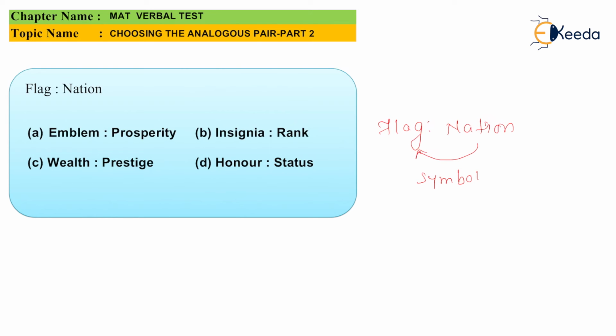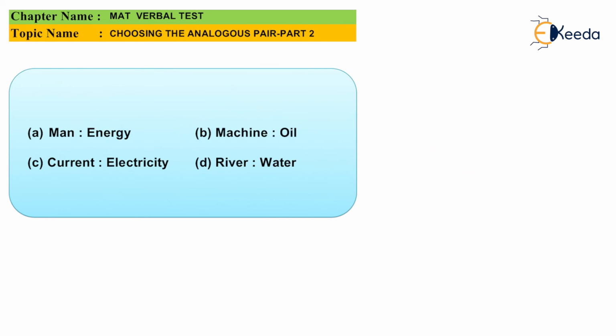If we see all the options, we see that insignia is related to rank is the right answer, because a rank is always symbolized by an insignia. So the answer to this question is insignia is related to rank.